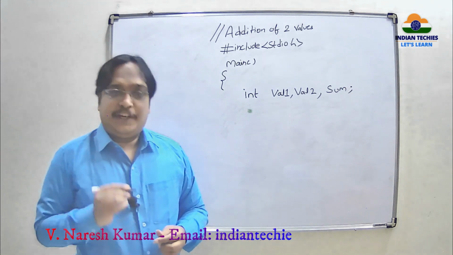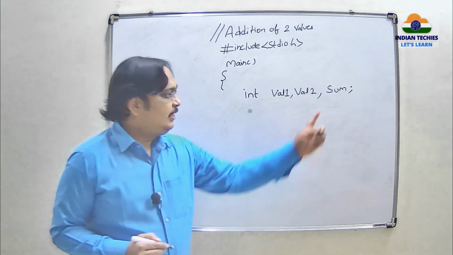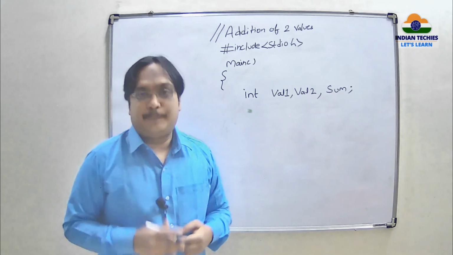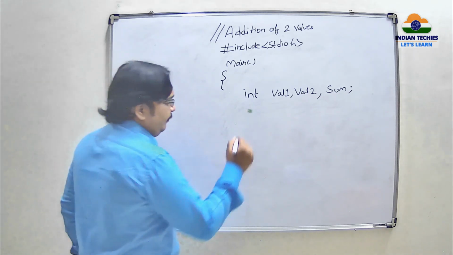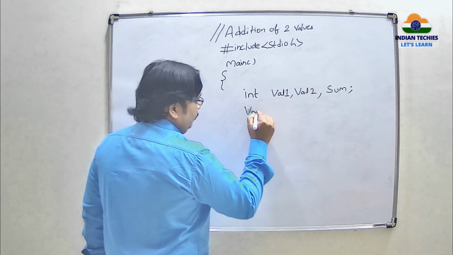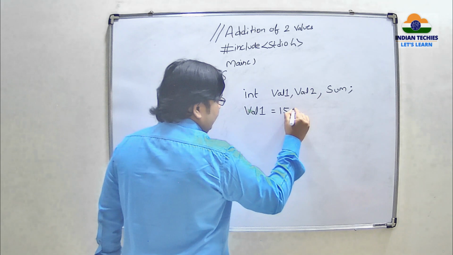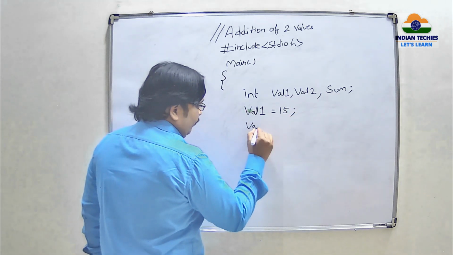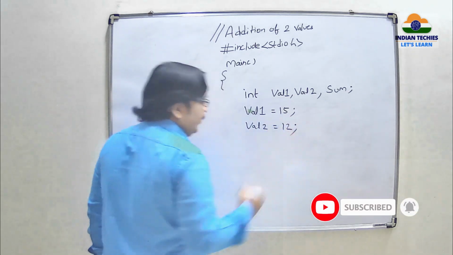First of all, if you want to perform addition and store it in sum, value1 and value2 must have some input, right? Give the input in the program itself. That is, value1 is equal to 15, semicolon. Value2 is equal to 12, semicolon.